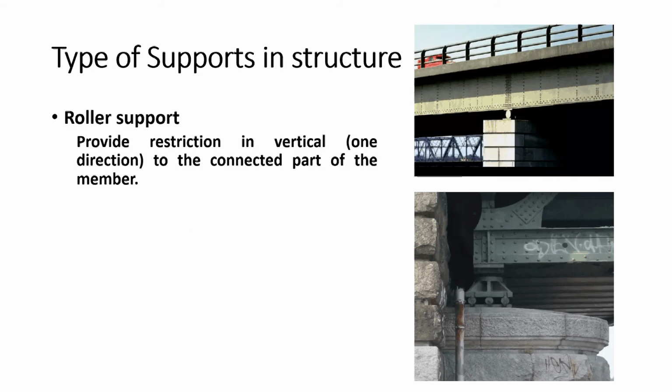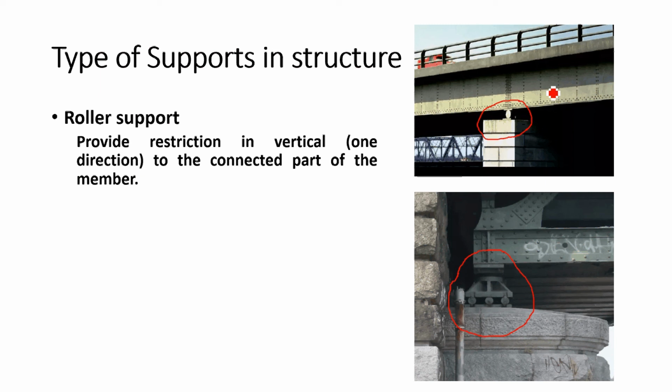First we will move on with the roller support. Before going to the definitions, let me talk about these two pictures. In these arrangements, this support is an intermediate support. That means it is in the middle part of the beam. Here you can see this is one end of the beam.